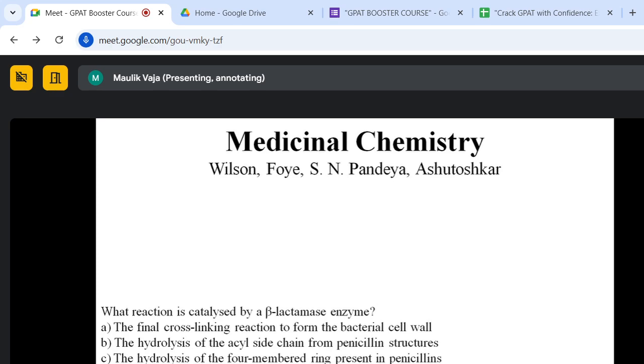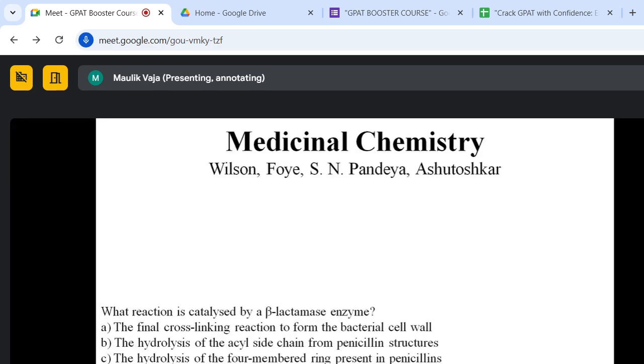Another disadvantage is that it becomes inactive in the presence of beta lactamase enzyme. The third disadvantage is that it is only active against gram positive bacteria.